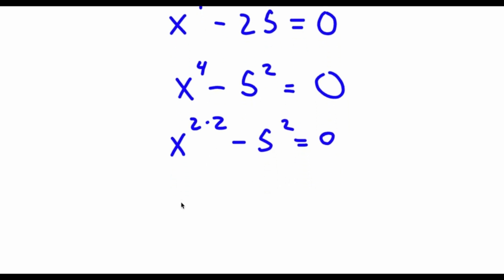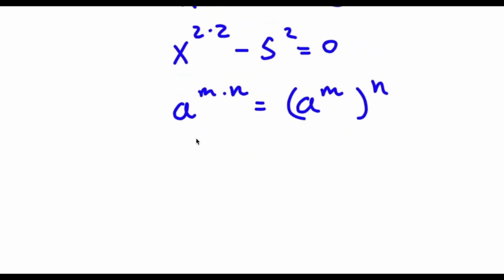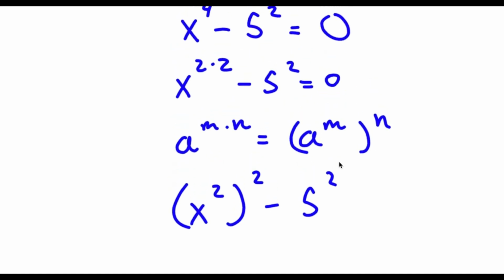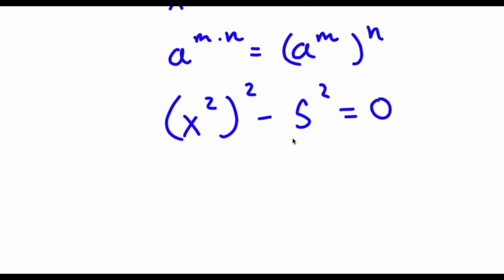And if I have something in the form a to the power of m times n, this is the same thing as a to the power of m to the power of n. So x to the power of 2 times 2 is equal to x to the power of 2 to the power of 2. So I have this minus 5 squared is equal to 0.